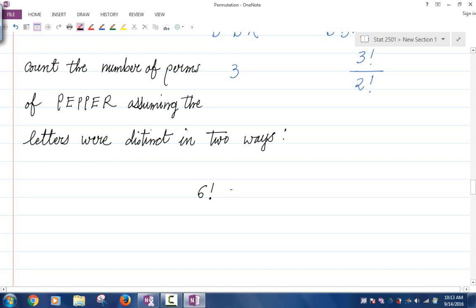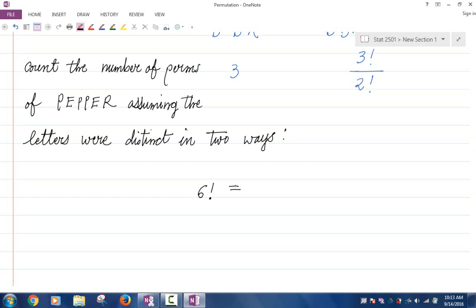Now, I'm going to count that in a different way. Look at the distinct permutations of pepper. Say there are X of them. I assume there are X distinct permutations of pepper. Pick one of them, right?